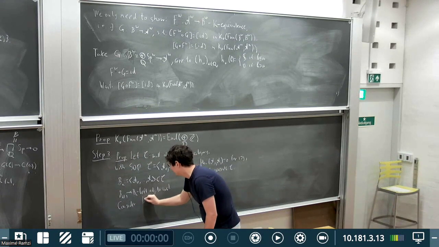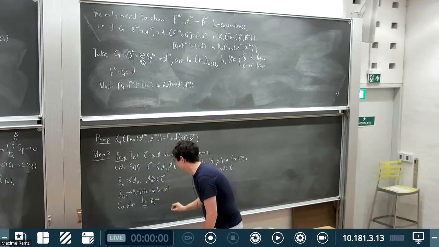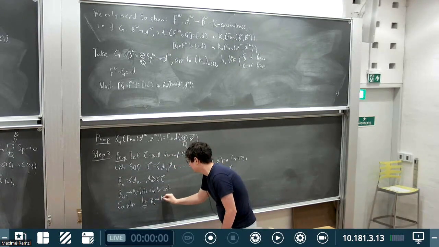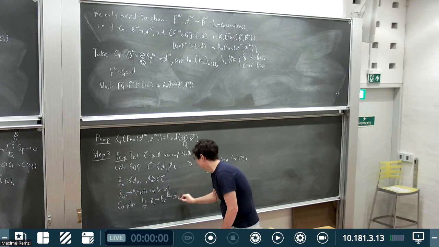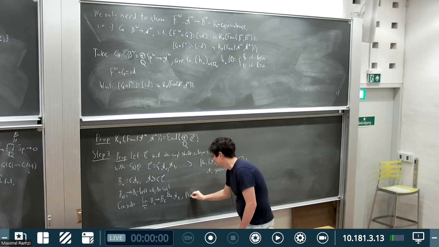And then the statement is the following: consider compositions. So the limit of Bn goes to some particular Bn. And then we take projection to Ak. So this is now right adjoint to the inclusion.